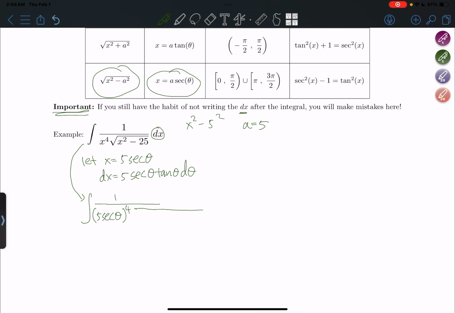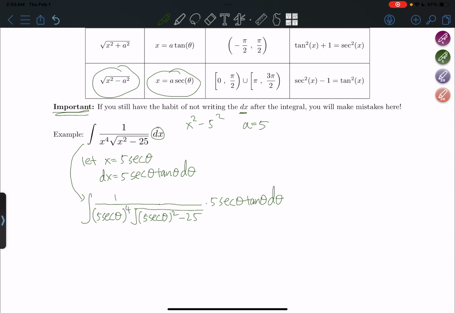I have square root of 5 secant theta squared minus 25 dx. Oops, not dx. They almost made that same mistake that I was just talking about. That dx becomes 5 secant theta tangent theta d theta.